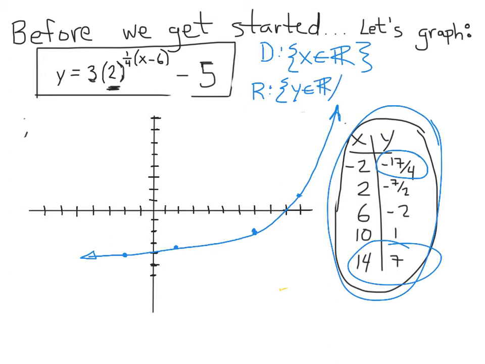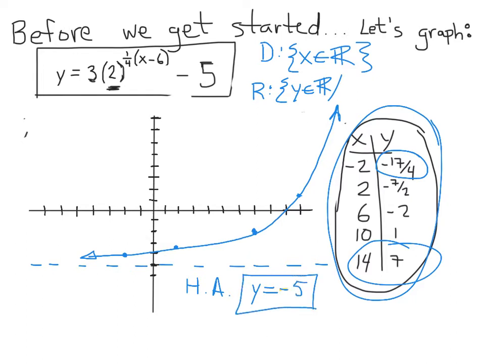Now, remember that for an exponential function, there's always a horizontal asymptote. A horizontal asymptote is a horizontal line where the graph gets closer and closer to but never touches. No matter how long you draw this, the horizontal asymptote is going to be y equals negative 5.